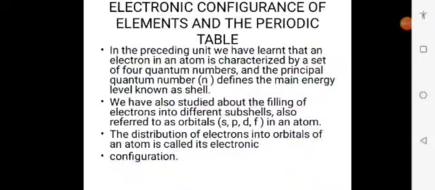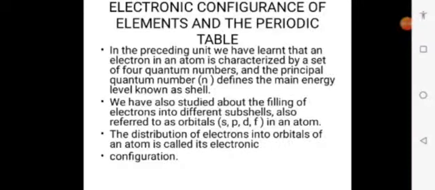Now the electronic configuration: the new periodic table is classified according to electronic configuration. In the preceding unit, we learned that an electron in an atom is characterized by a set of 4 quantum numbers, and the principal quantum number defines the main energy level, the shell.